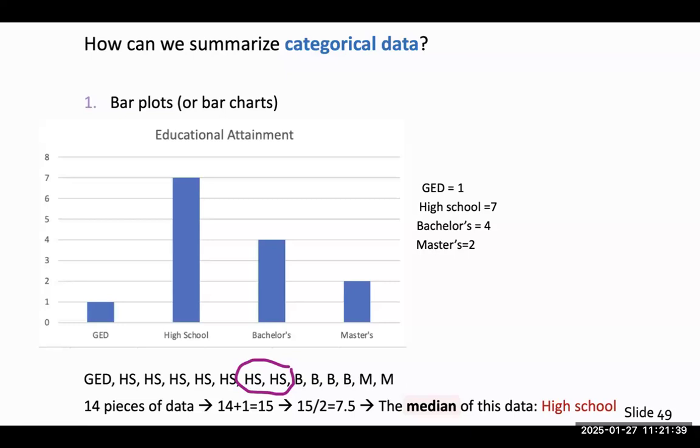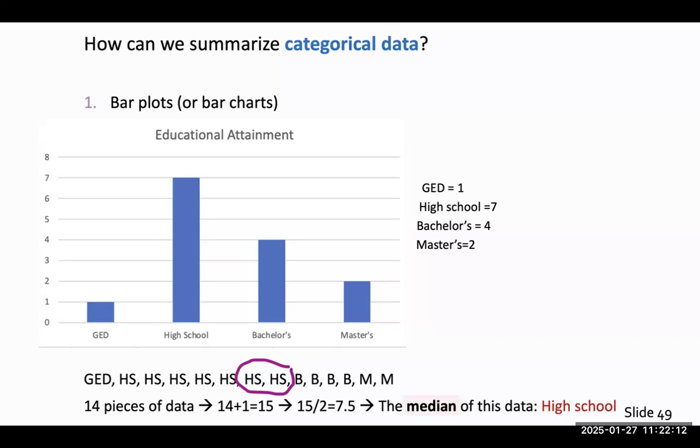If we add 1 to it and divide by 2, we get 7.5, which tells me we're halfway between the 7th and the 8th data value. For an even number of data values like this, you can only find the median if the words in between are the same. Like high school and high school, the average of high school and high school has to be high school. So that's going to be the median.